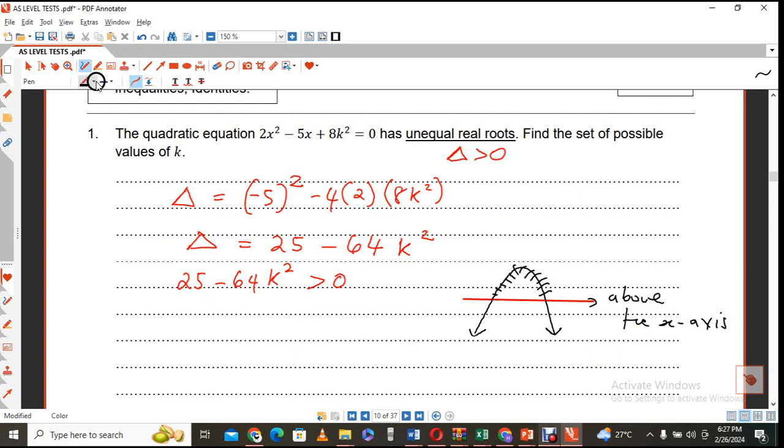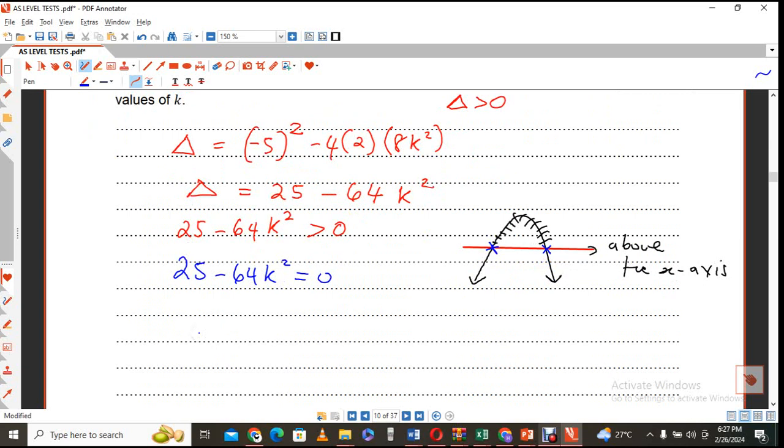So what I need to do is make this an equation, 25 minus 64k squared equals 0, in order for me to find the critical values. Once you do that, you can then use those critical values and write that range down.